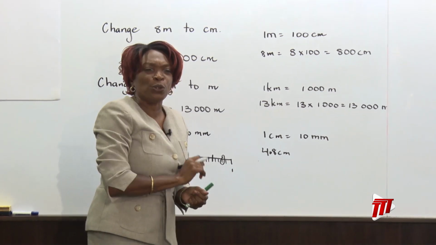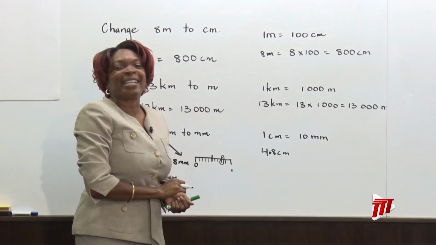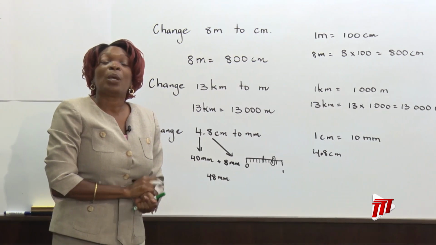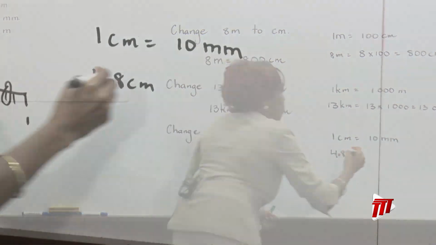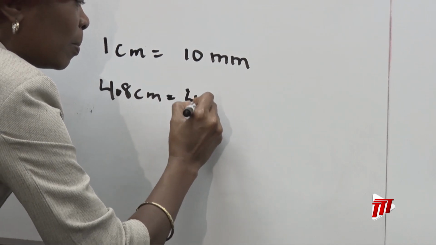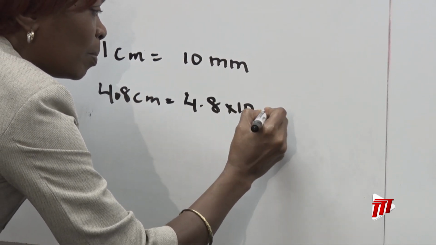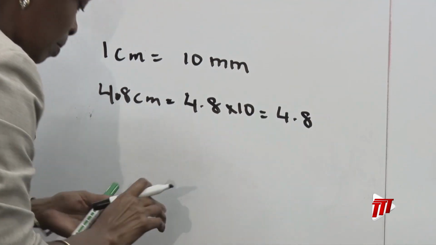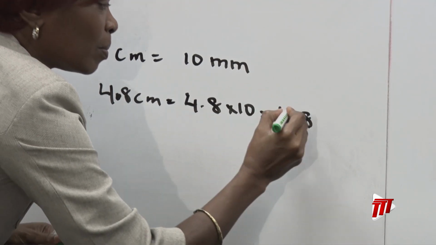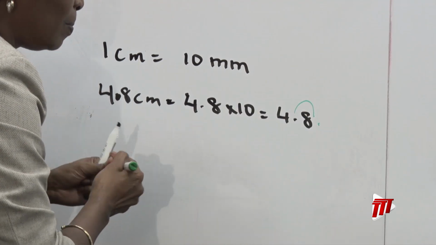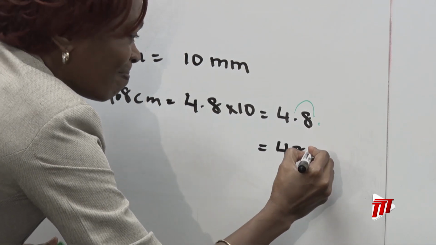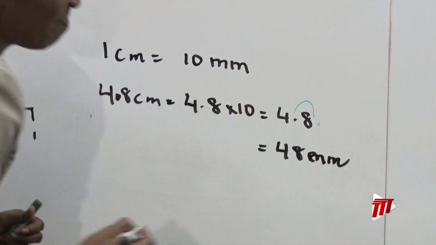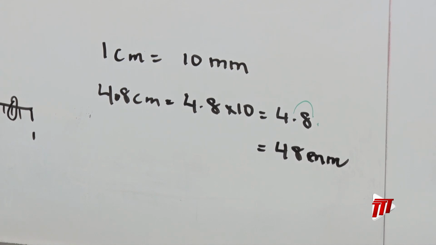I'm certain you do. When we multiply a decimal by 10, what do we do? We shift the point 1 place to the right. There we have it, 48 millimeters.